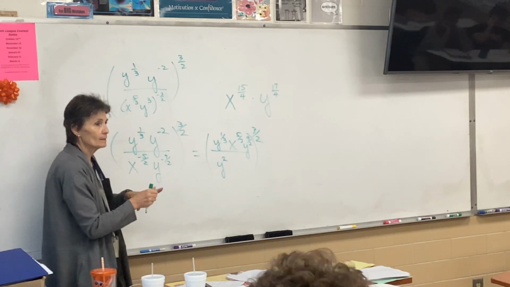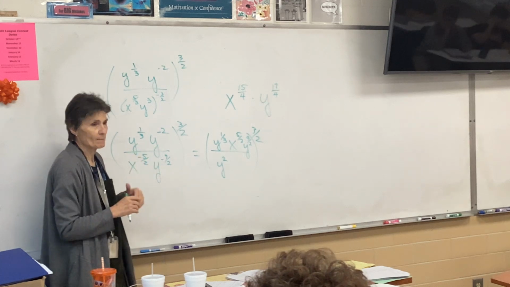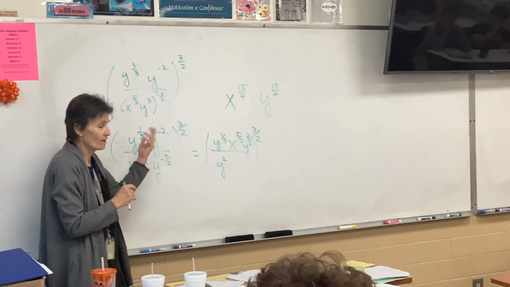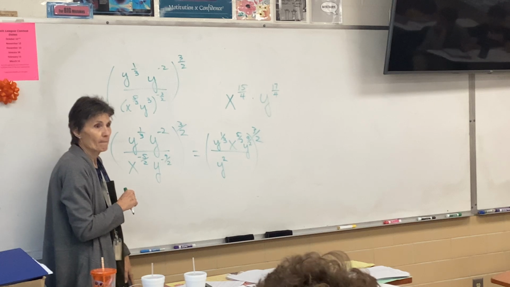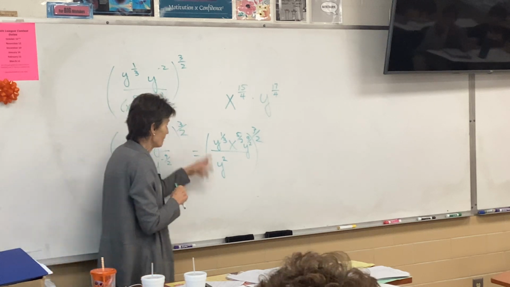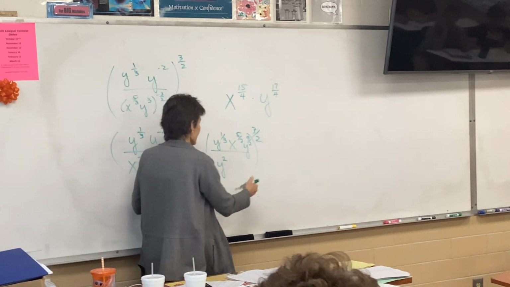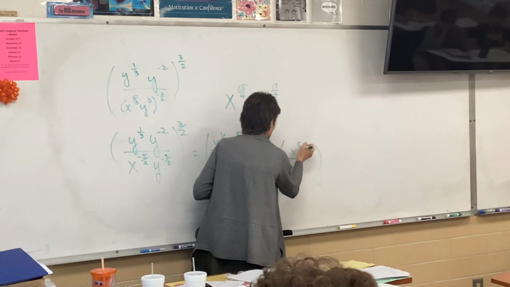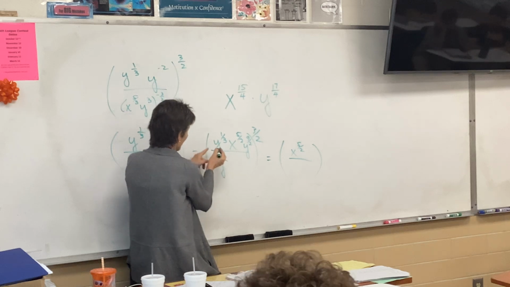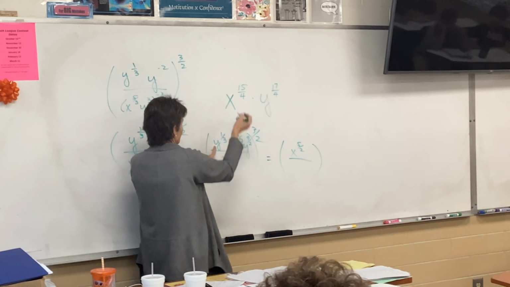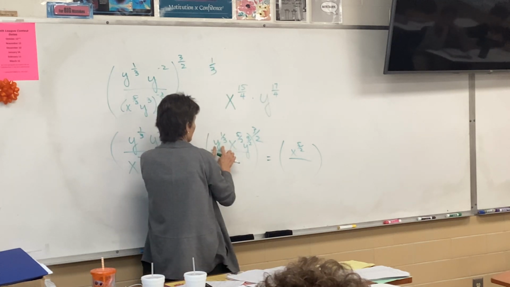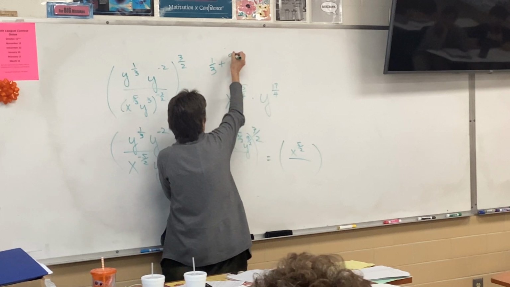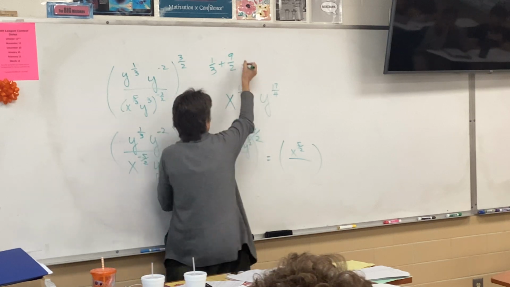That's fine. Remember, the order you do this stuff doesn't matter. And then simplify the y's. We've got a bunch of y's in there. x to the 5/2, nothing really happening there, but we're basically adding 1/3 and 9/2 and subtracting 2.